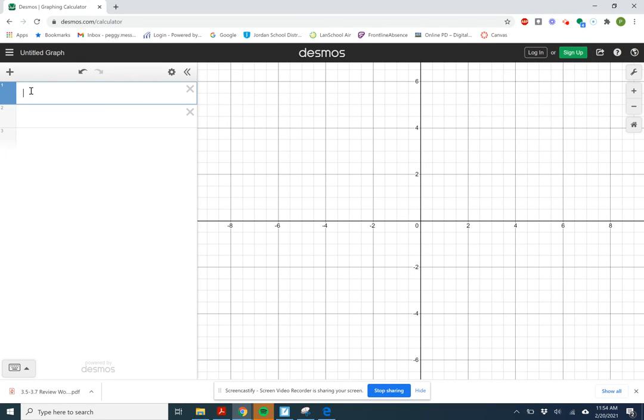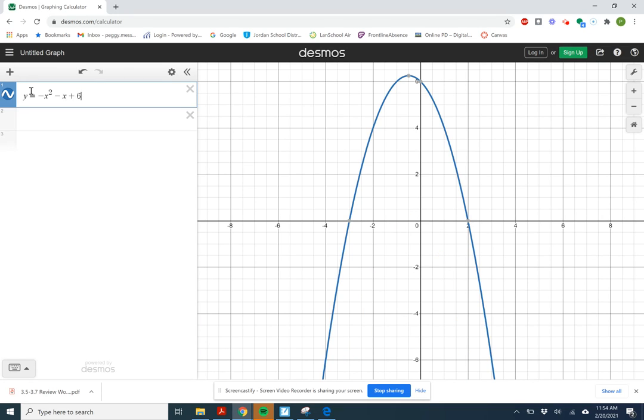So problem number 10, y equals negative x squared minus x plus 6. Its y-intercept is at 6. The parabola opens down because a is negative 1. The vertex is right here at negative 1/2 and positive 6.25.